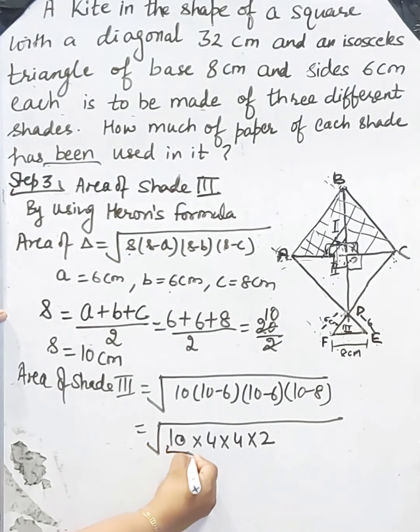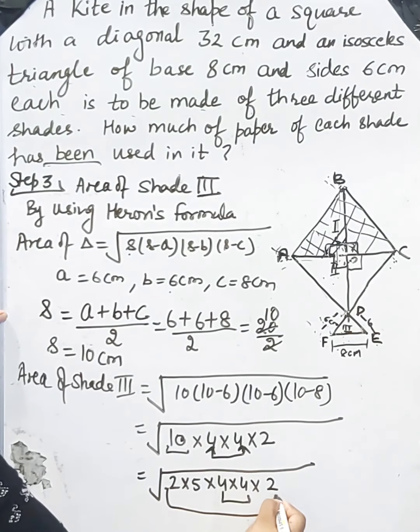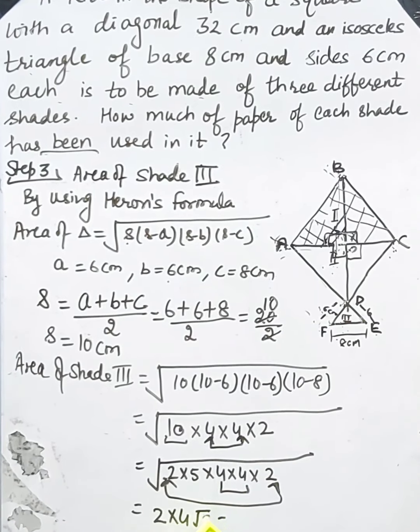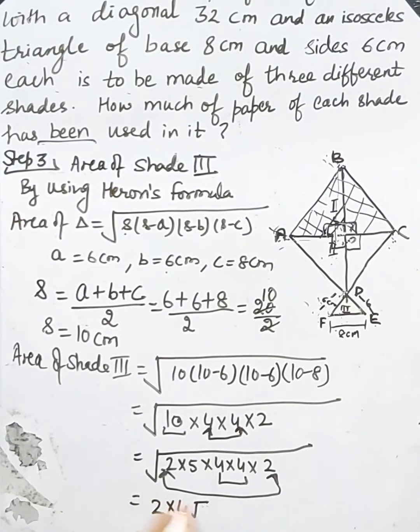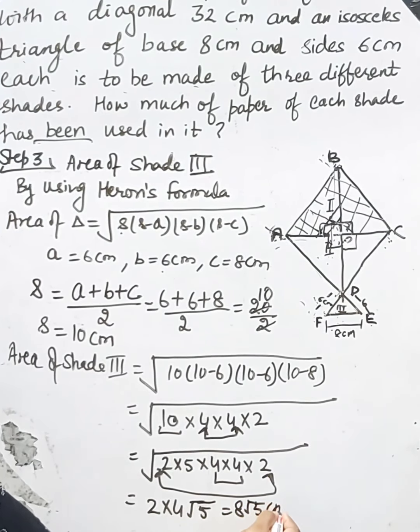Now we have to reduce 10 into its lowest form. 4 is already a square, therefore no need to make its prime factors. 2 into 5 into 4 into 4 into 2. Now make pairs of same numbers and bring out one number from each pair. Equal to 8 under root 5 centimeter square.